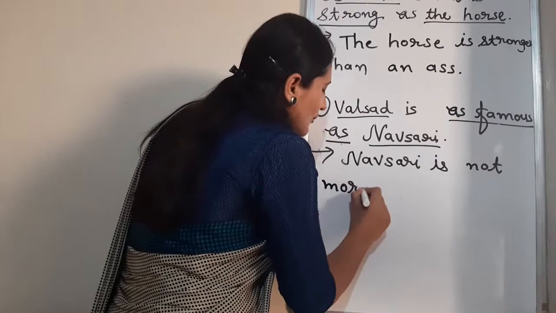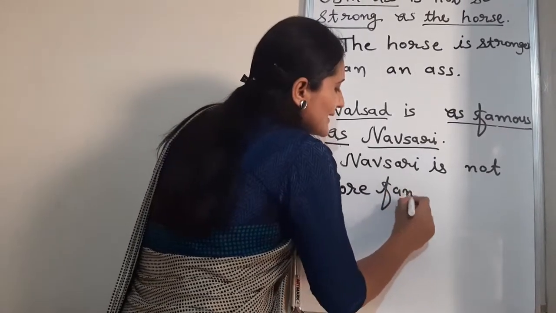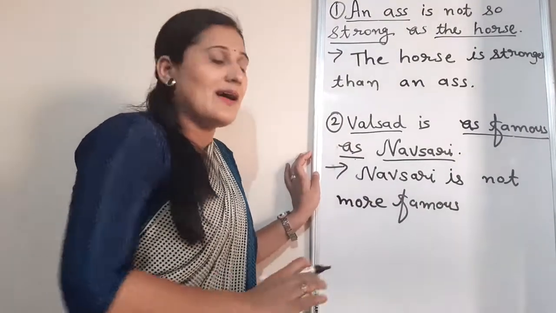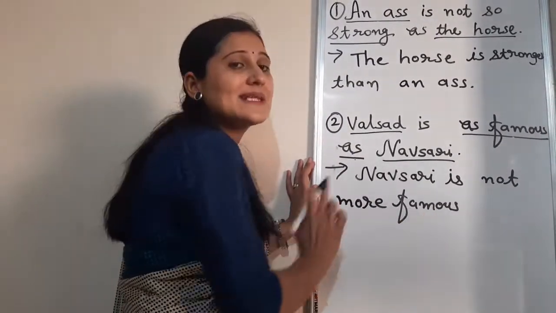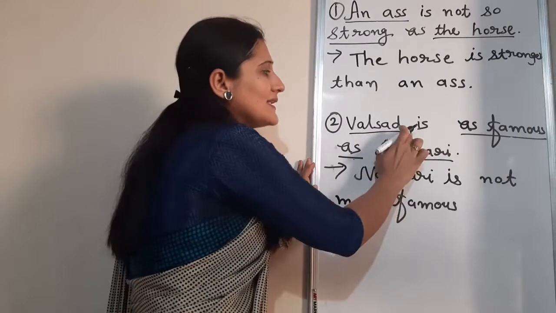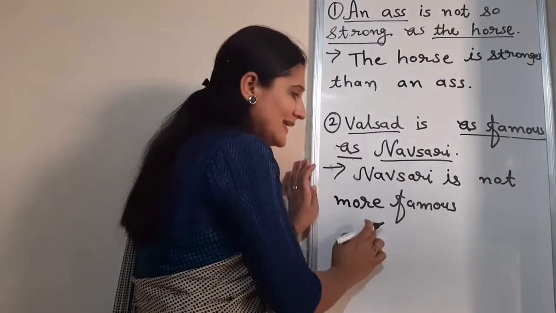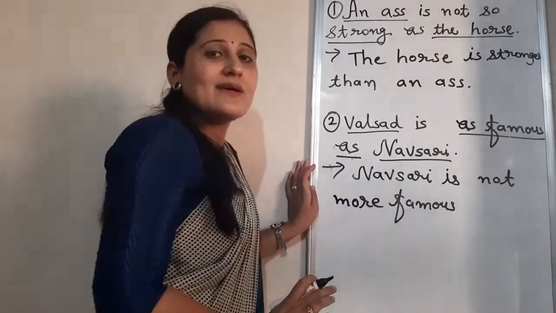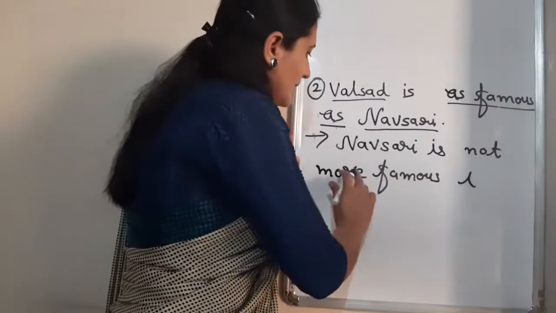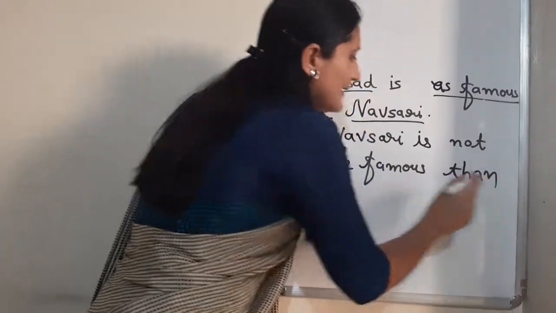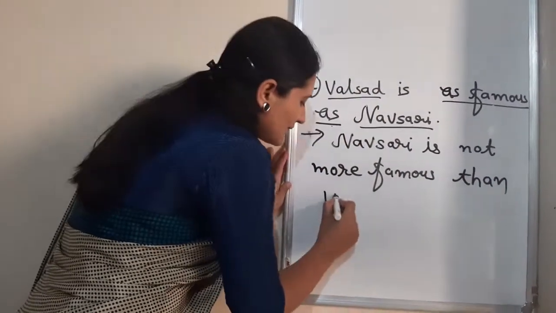Is not more famous. If the adjective is like that, in which you cannot add er, you need to write more plus adjective. Simply positive, negative. Second, if the adjective is small, then er. If the adjective is difficult or long, then more. See, more famous, then we need to add then our second subject, that is Valsad.